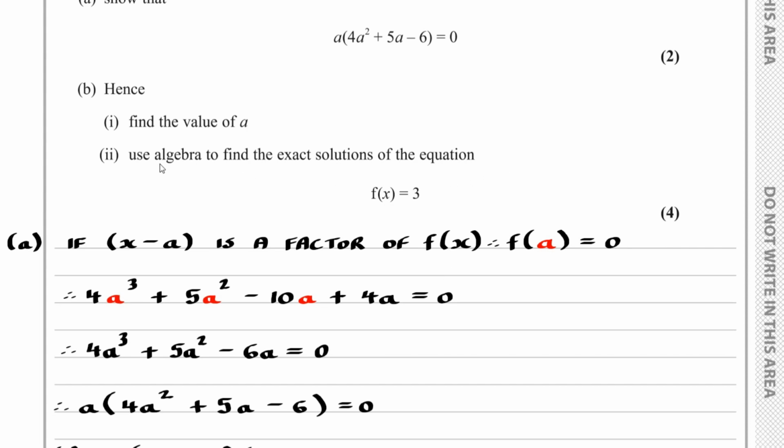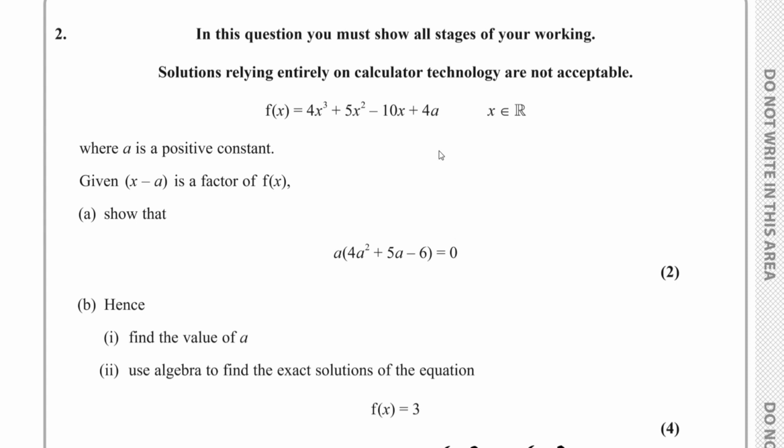We now have to use algebra to find the exact solutions of the equation f of x equals 3. If we think about what f of x is, that's 4x cubed plus 5x squared subtract 10x plus 4a, but we've already found the value of a to be 3/4.